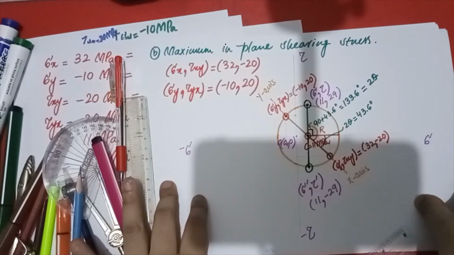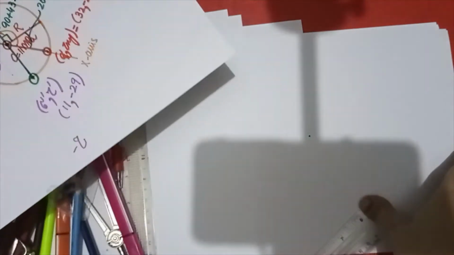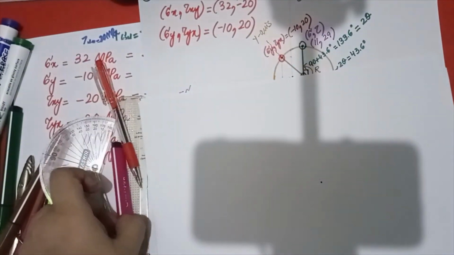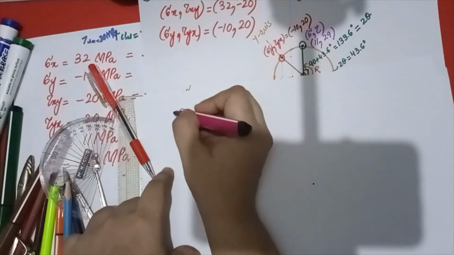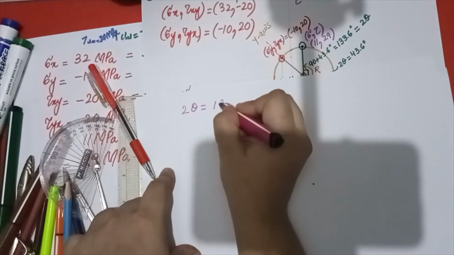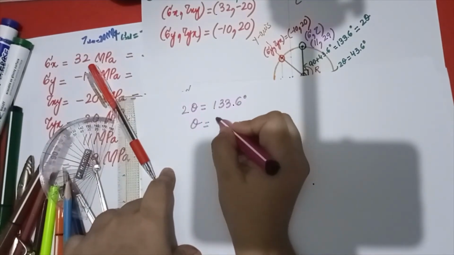Now I am moving towards making the differential element. And how can I draw the differential element for it? So let me tell you. If you are getting 2 theta equal to 133.6 degrees, then theta is how much?